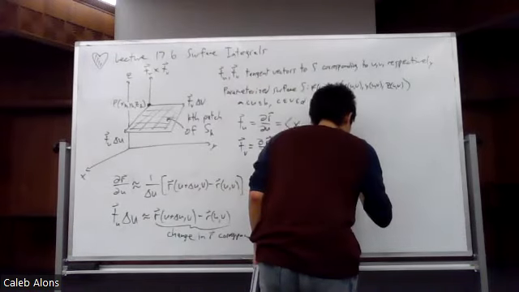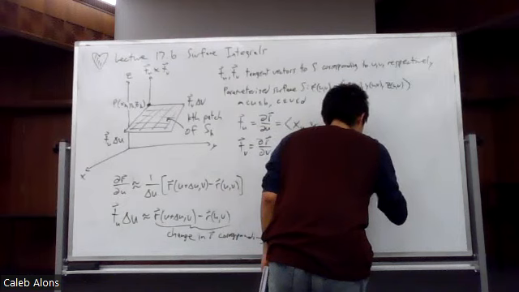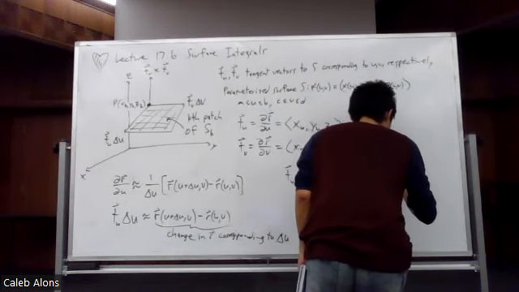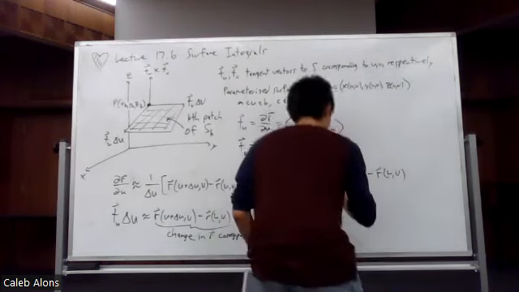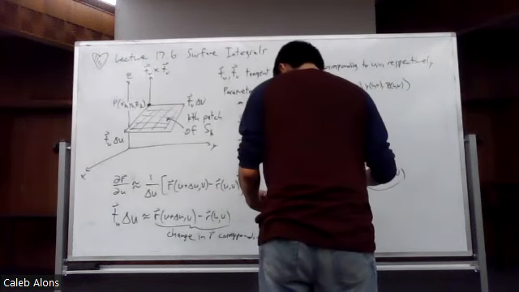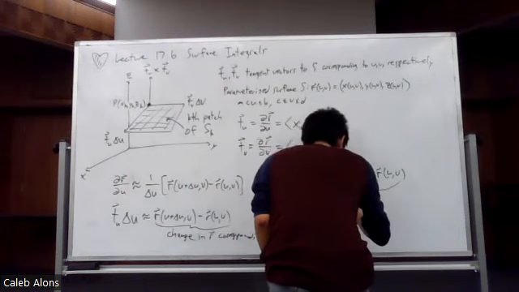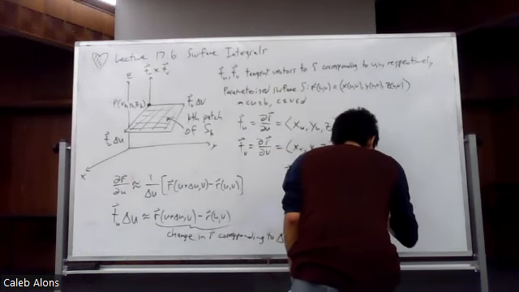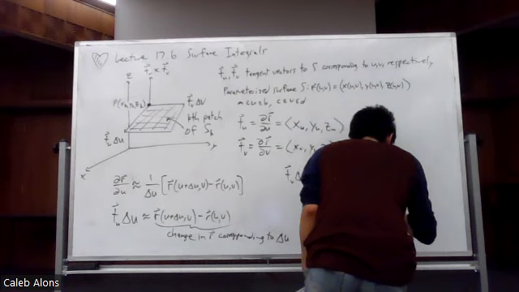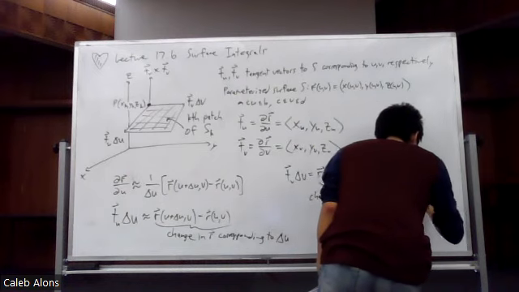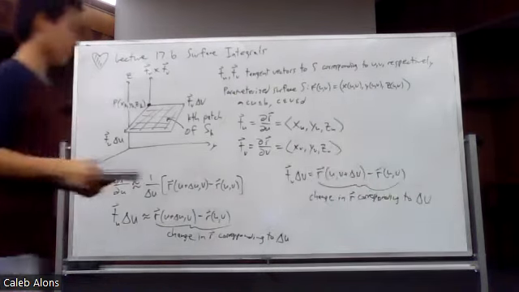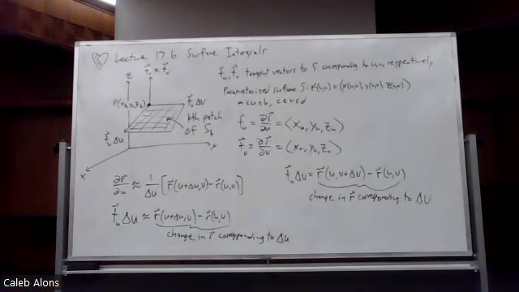So when we nudge v, r(u, v plus some change in v) minus r with no change in either of them, this right here would be the change in r corresponding to delta v. Thumbs up, that's good.